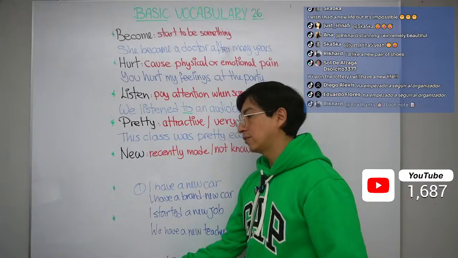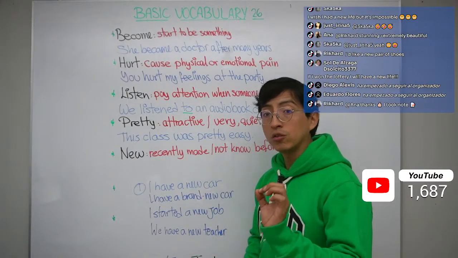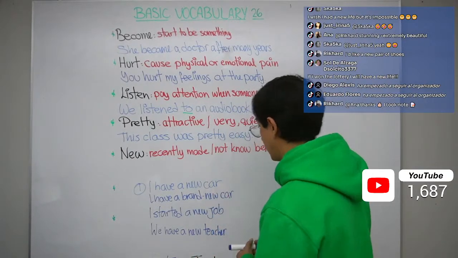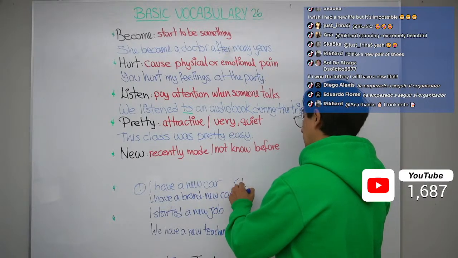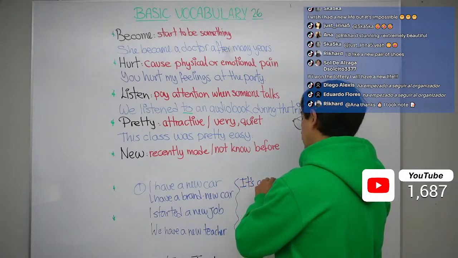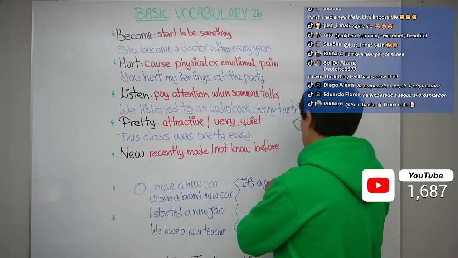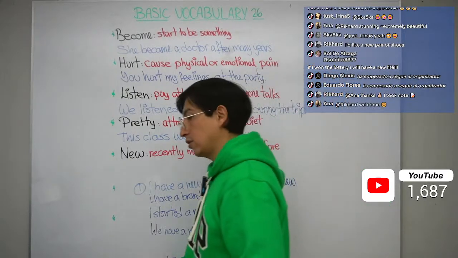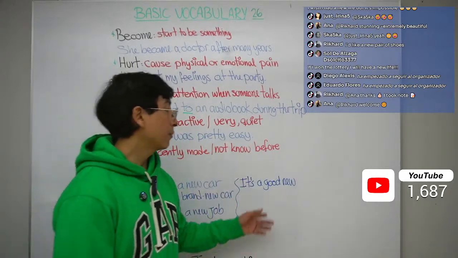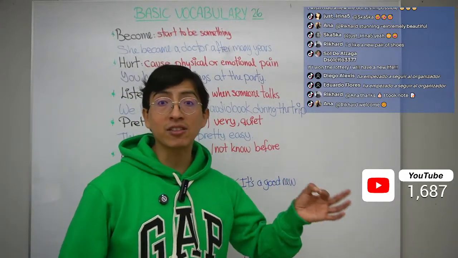Okay, and be careful when you use this as a noun. For example, you can say it's a good news. Imagine somebody tells you, hey, I'm going to get married next year.